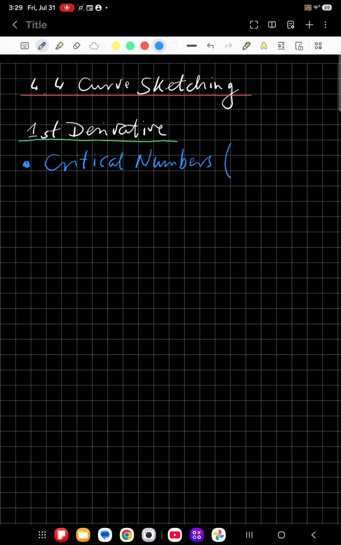Numbers are points. And let's make the first comment: they must be in the domain. So they must be part of the function, right?